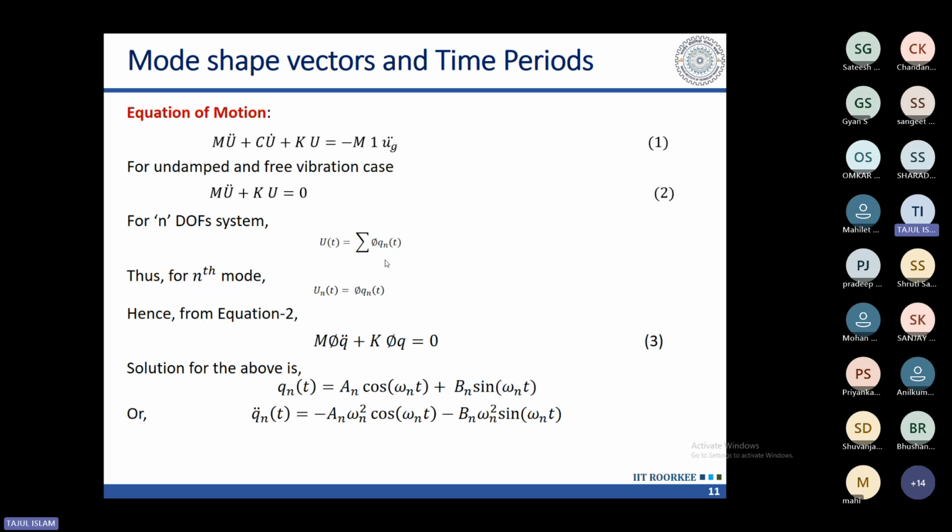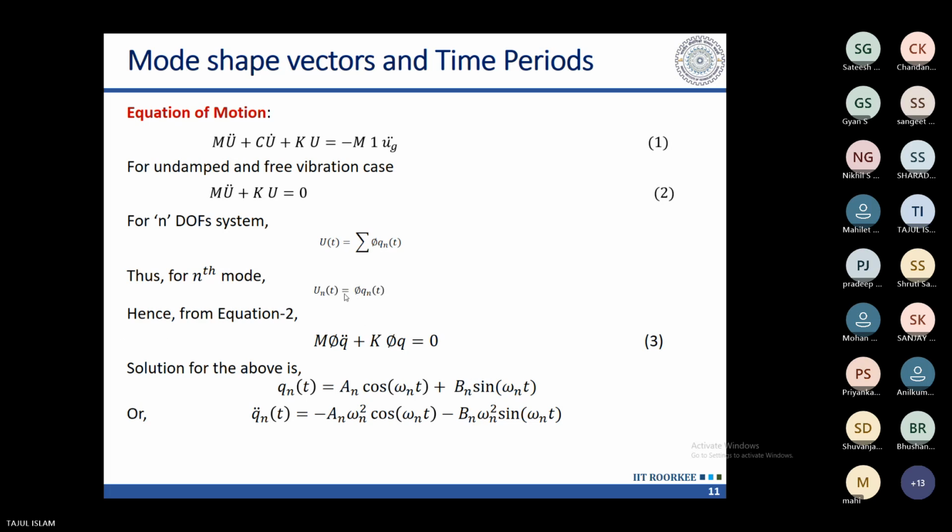As you have seen in the previous slide, I have just included this summation because we have already seen that we are adding this, using the modal superposition method. So now, if I consider the nth mode, I can write the same expression. I can write un is equal to the mode shape multiplied by qn, meaning the deformation parameter of the nth mode.